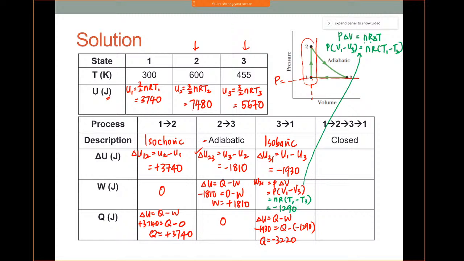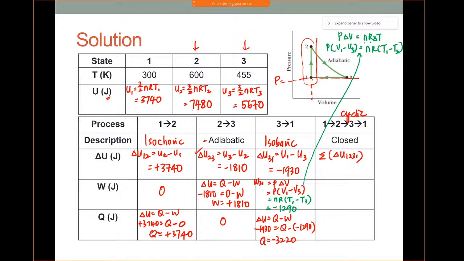Okay. So if you look at the last column here, 1 to 2 to 3 to 1, this is a closed cyclic process, the whole process. So the delta U of the whole system is basically the summation of all delta U from 1, 2, 3 to 1.